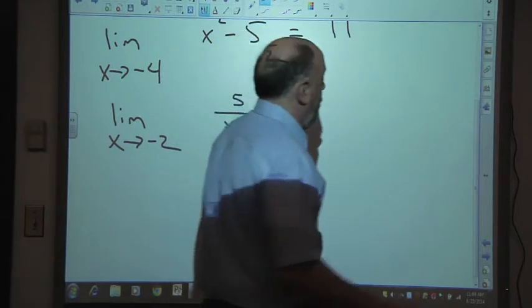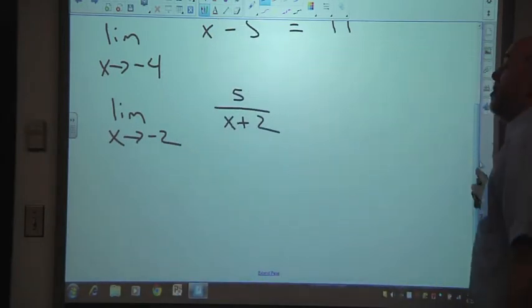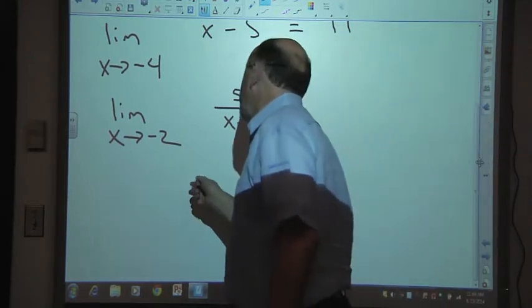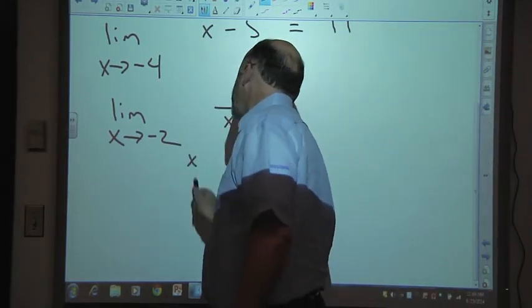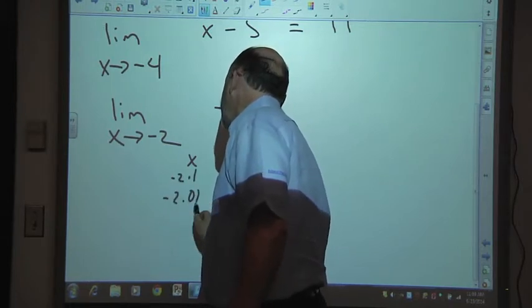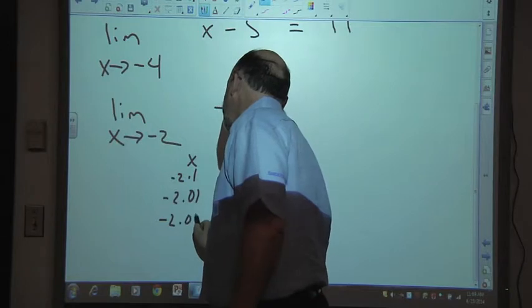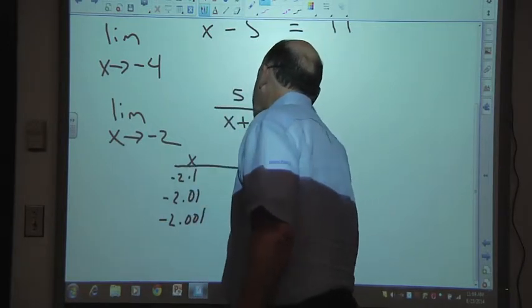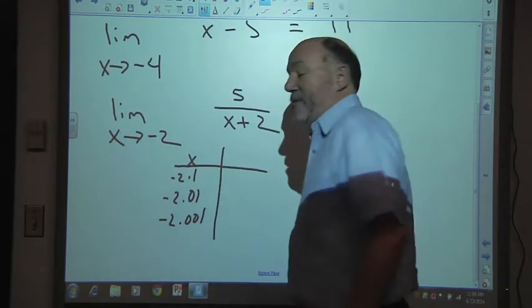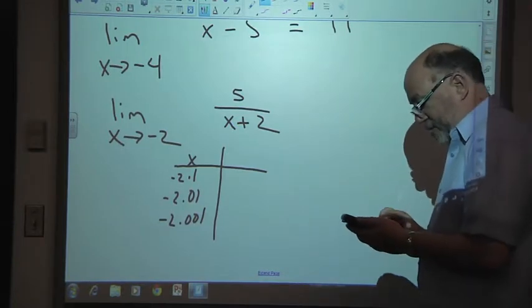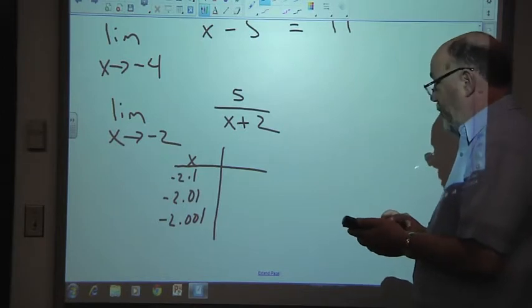We need to come up with numbers that are close to -2, but not quite -2. So, for example, let's say that x is -2.1, -2.01, -2.001. If I plug in those numbers, what numbers do I get?